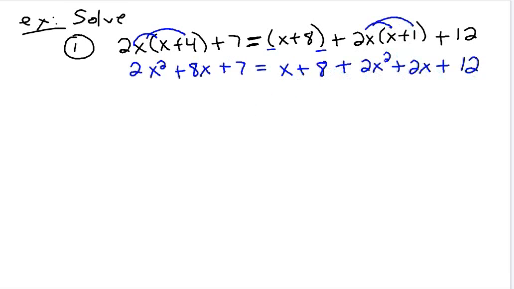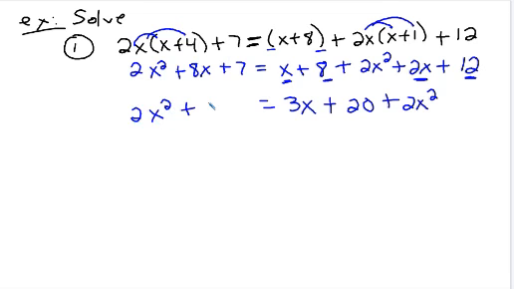Now, let's combine some like terms here. On this right side, I've got an x term here and here, so that turns into 3x. And I've got an 8 and a 12, which makes plus 20. And then I just have this plus 2x squared. On the left-hand side, I've got 2x squared plus 8x plus 7.